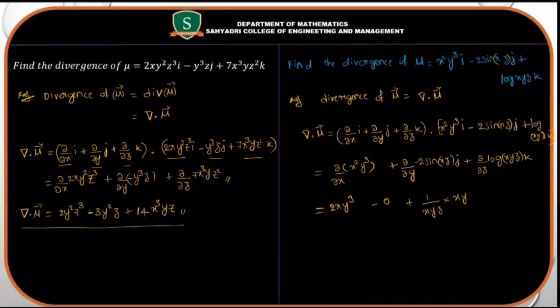The resultant of this is a scalar function. So this is equal to 2x y cube plus 1 by z. Is it fine? Any doubts here? No, sir. Satvirai, any doubt here?